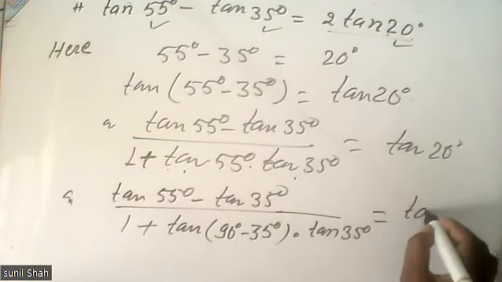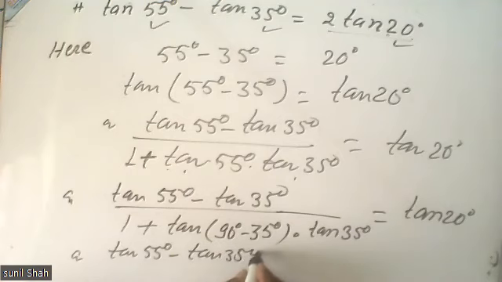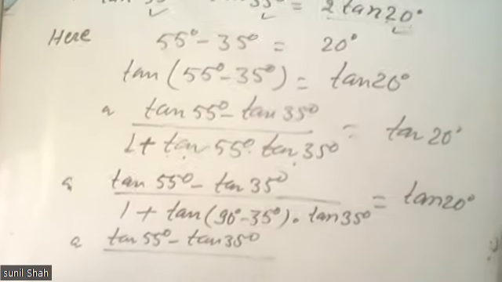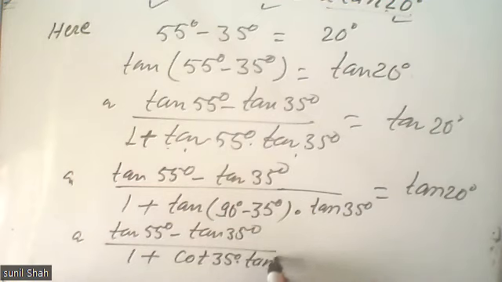That is equal to tan 20. Or tan 55 minus tan 35 over, see, this is 1 and tan of 90 minus theta is cot theta, so cot 35 into tan 35. That is equal to tan 20. Tan into cot of the same angle gives 1. Tan theta into cot theta is 1. So this is 1 plus 1, 2.